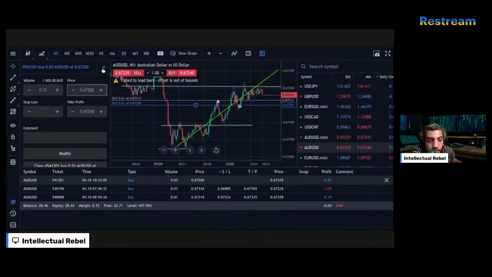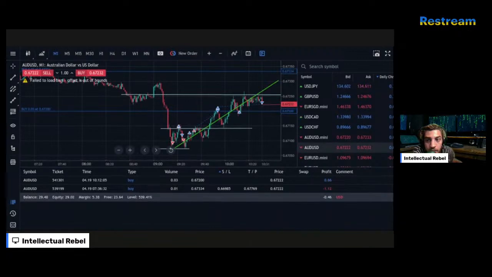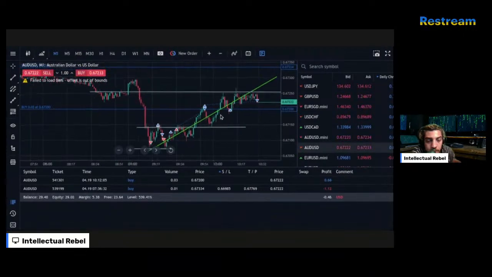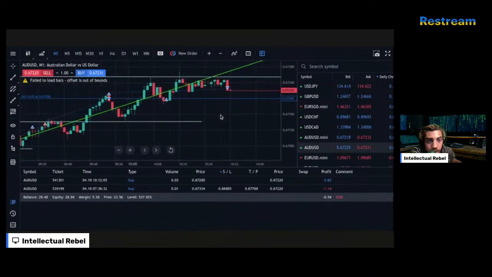Oh shit, it's just going down. See, it hit the stop loss on the other one, so it closed it out. Now this one's making a reversal. But I'm pretty sure... I mean, I'm not sure. I can't be sure.